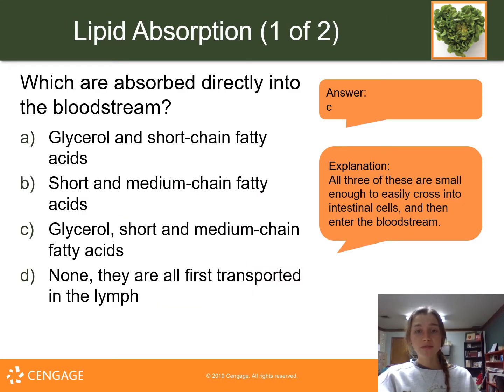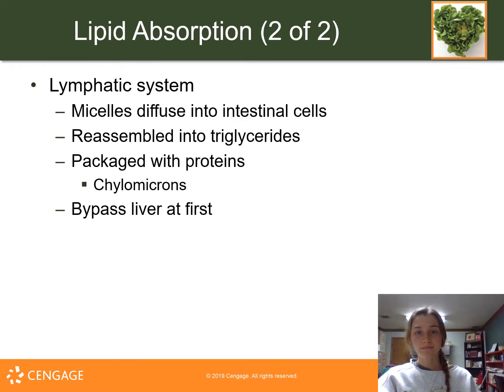With lipid absorption, the ones that are absorbed directly into the bloodstream are glycerol, short and medium chain fatty acids. All three of these are small enough to easily cross the intestinal cells and then enter into the bloodstream.